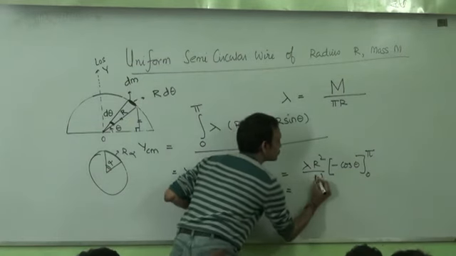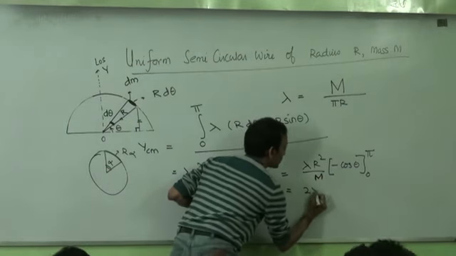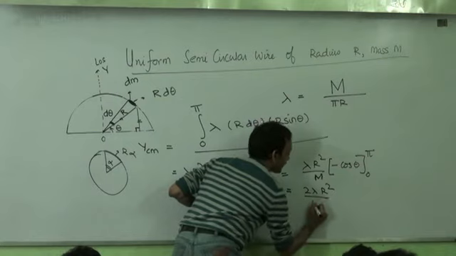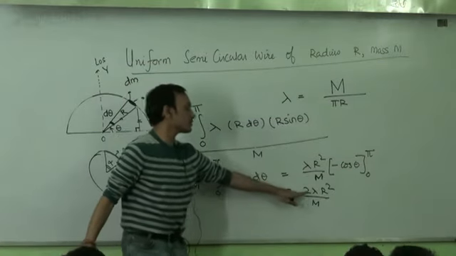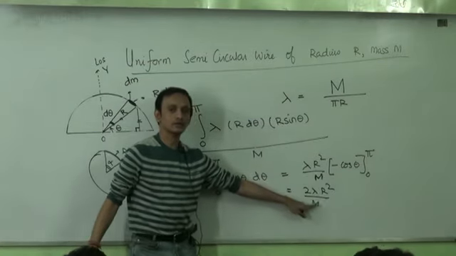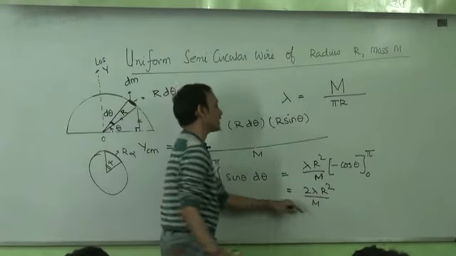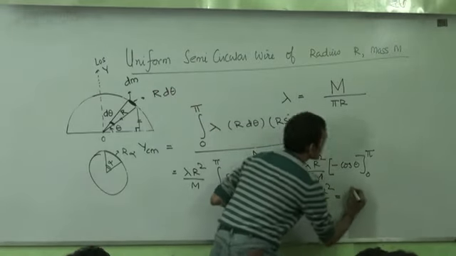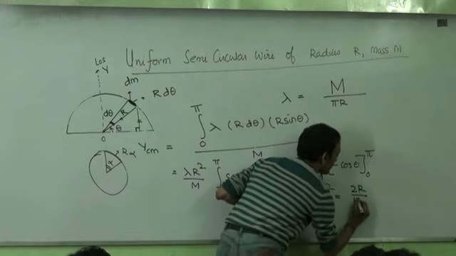That makes it 2 lambda r squared by m, where lambda you can write as m by pi r. So if you write lambda as m by pi r, then this is 2r by pi.